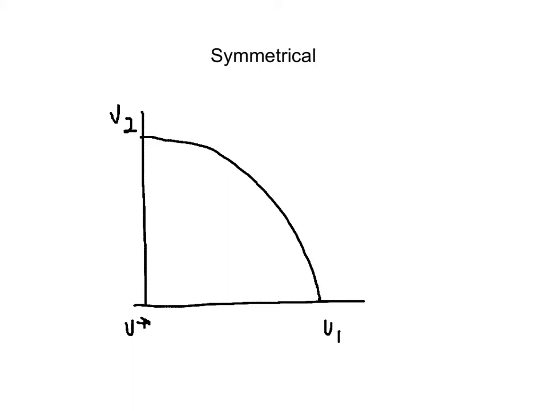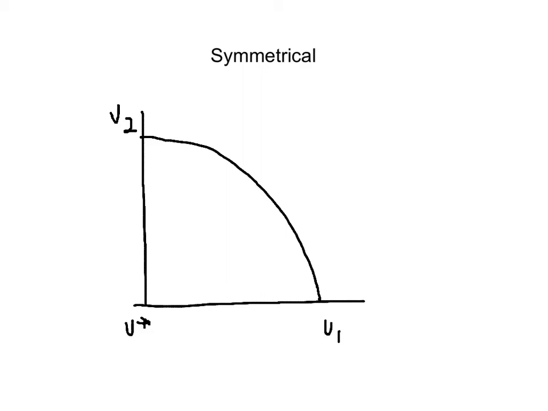So the second requirement is that if the utility possibility set is symmetric, then the payoffs must be equal. The gains from cooperation must be split equally. What does it mean for the utility possibility set to be symmetric?